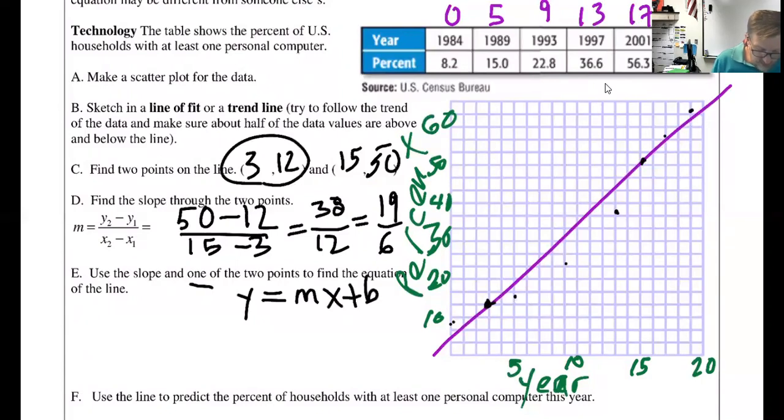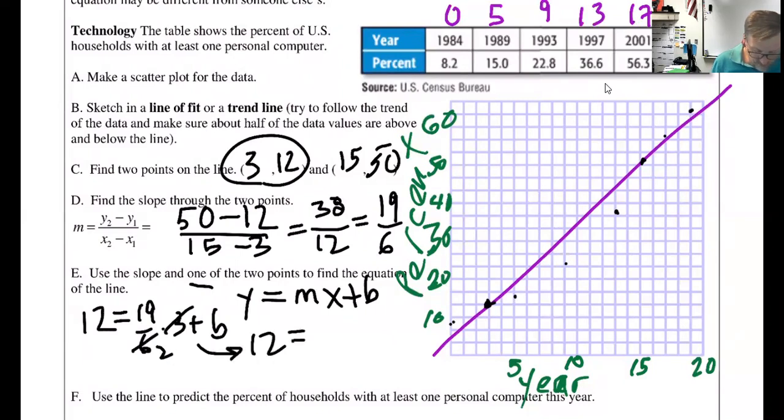We're going to use this one right here. So 12 equals my slope, which is 19/6, times 3, plus b, which I'm trying to find. 3 goes into 6 twice. So we've got 12 equals 19 halves, which is the same as 9.5, plus this b value.